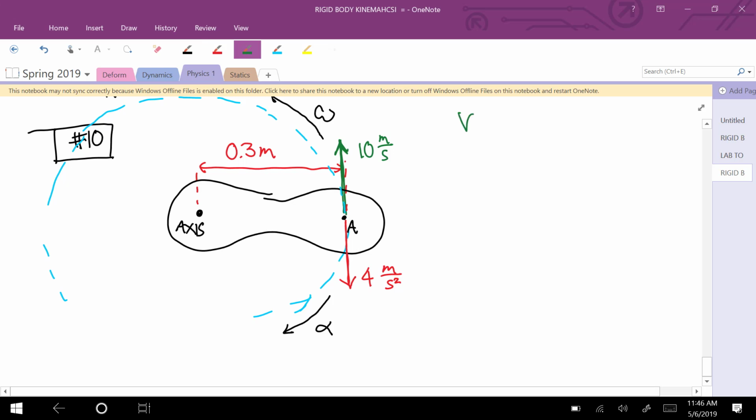So first use the fact that the speed is equal to omega r. That says 10 is equal to omega times 0.3.